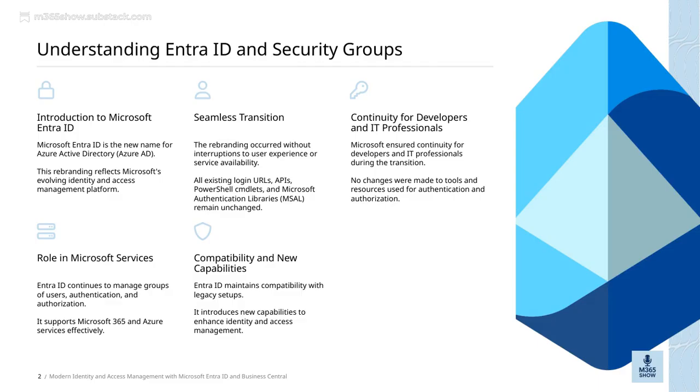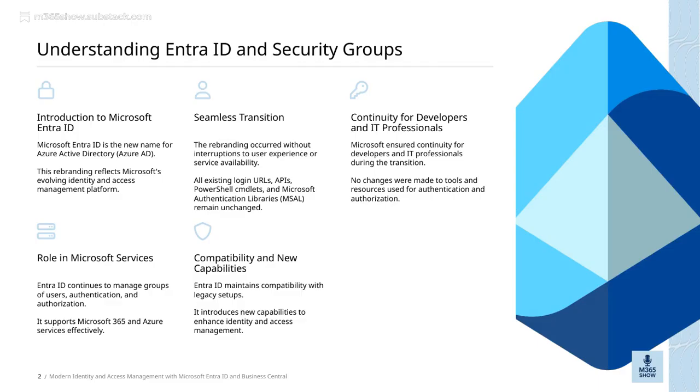At the same time, it introduces new capabilities that help us enhance how we manage identities and control access. Entra ID still handles groups of users, authentication, and authorization just like before, but now it supports Microsoft 365 and Azure services even more effectively. This ensures a seamless experience across the Microsoft ecosystem.